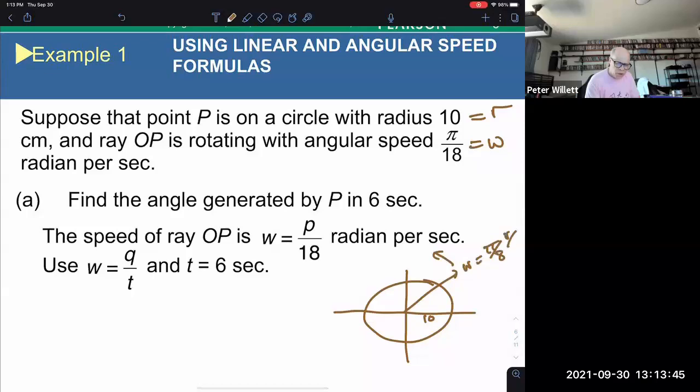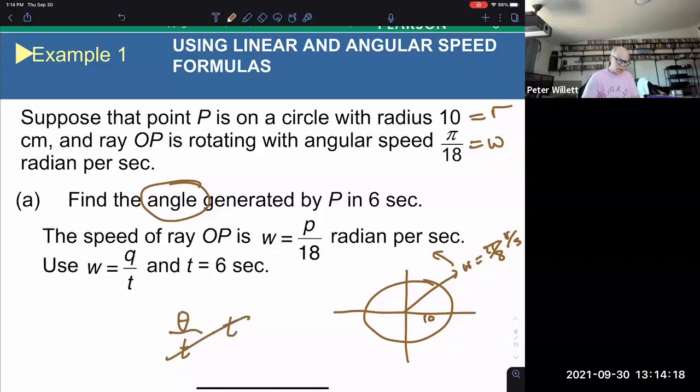And that's radians per second. So that means every second, you're going to get pi over 18. So if we want to know the total angle generated, the total radians, then they'll do it here. But the idea is that we know that theta over T is given, and we want theta, so we would multiply that by T, and that would leave us with theta.